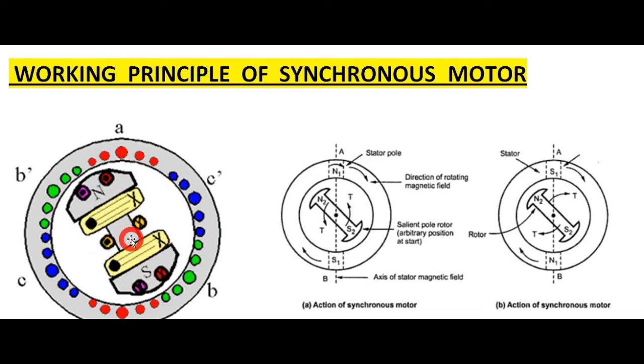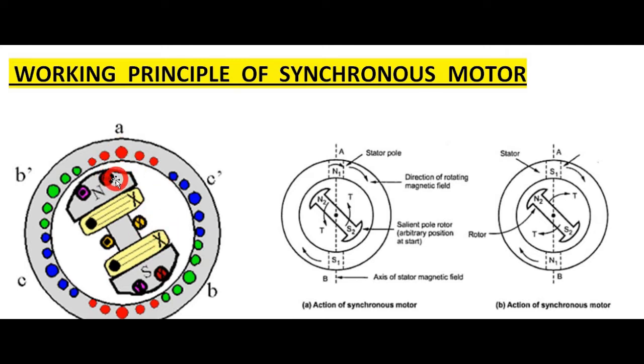When the rotor is excited to produce its poles, at a certain instant, the stator and the rotor unlike poles face each other, such that the magnetic axes are very near.